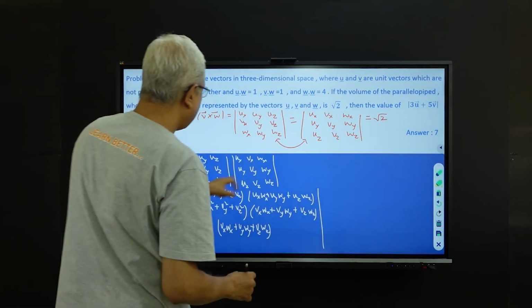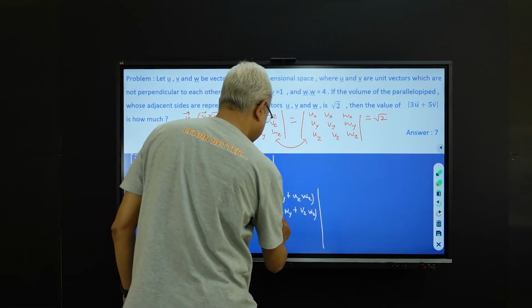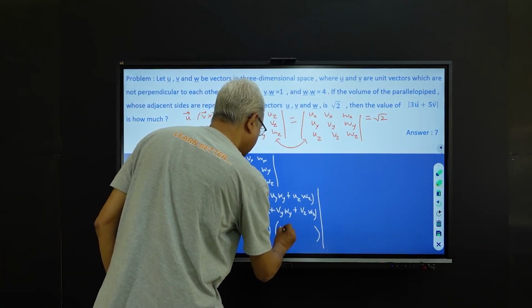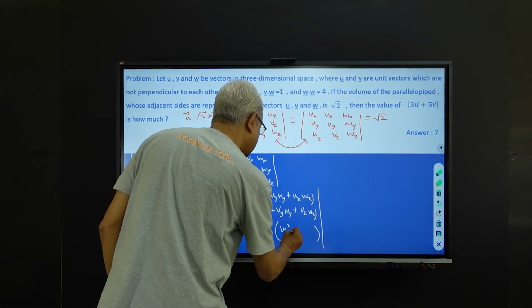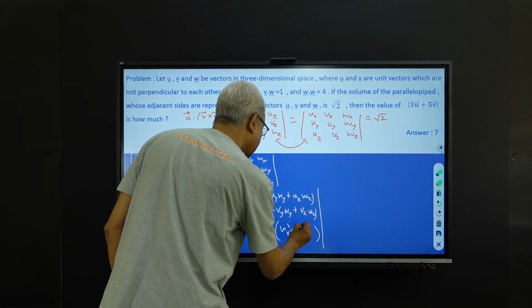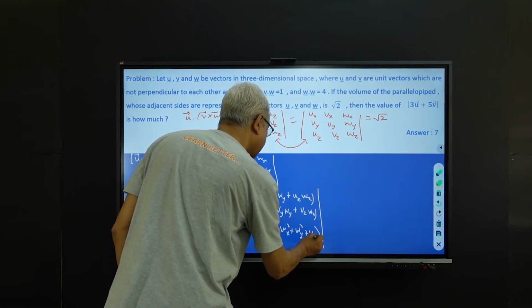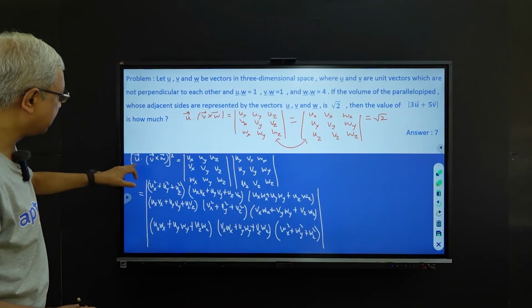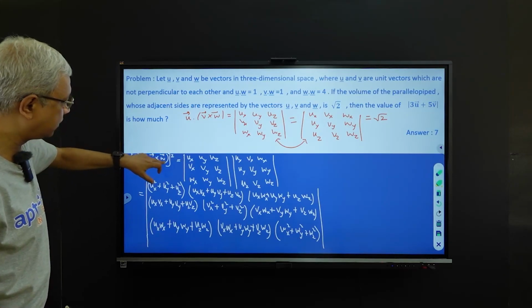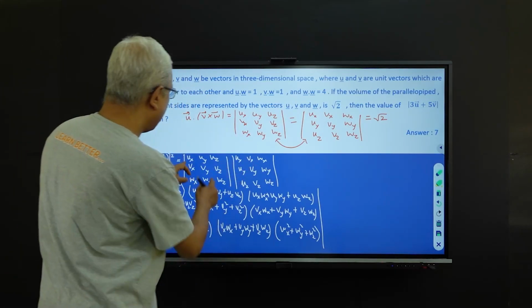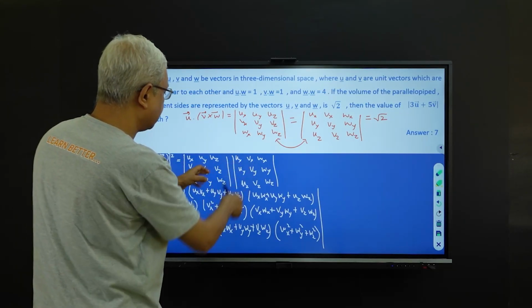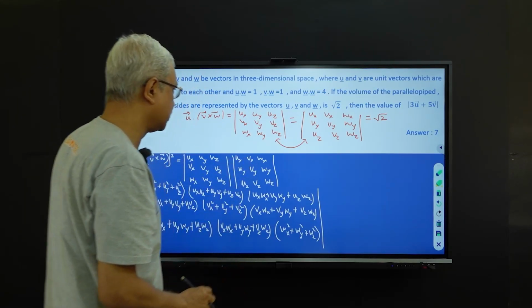And finally, third row, third column of the resultant product determinant is Wx square plus Wy square plus Wz square. While taking the product, I have just rearranged the rows and columns, just taken the transpose.